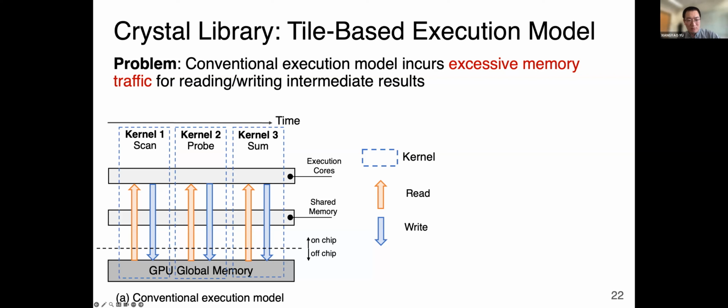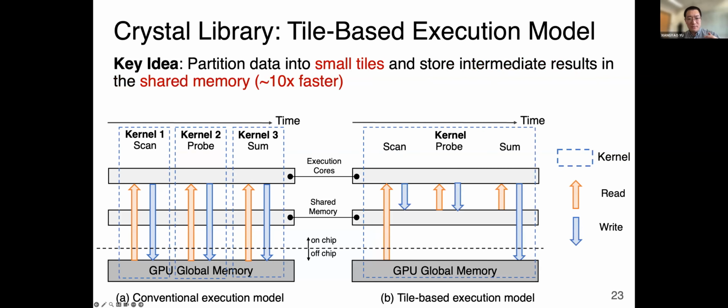So in Crystal, we try to minimize this traffic. We use the on-chip shared memory in GPU to cache intermediate results, so that for intermediate results you don't write all the way back to GPU global memory. You partition your data into smaller tiles such that each tile can fit in the shared memory.